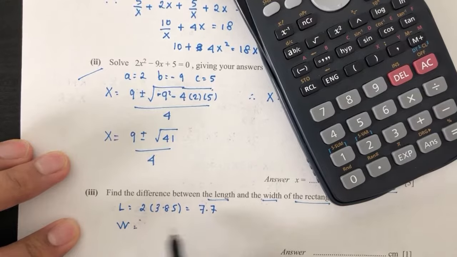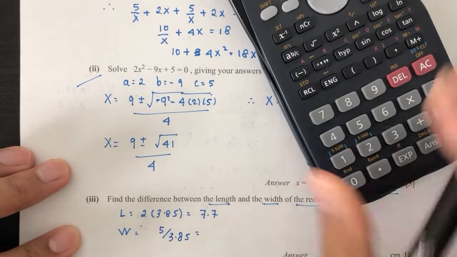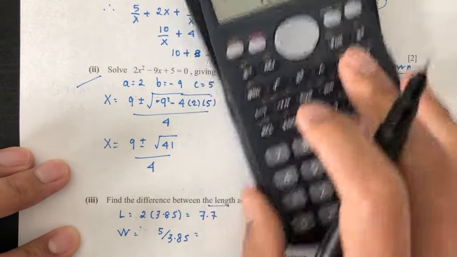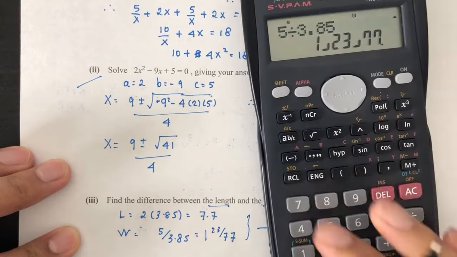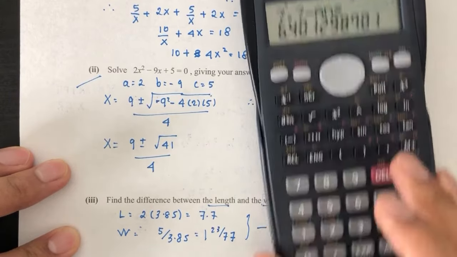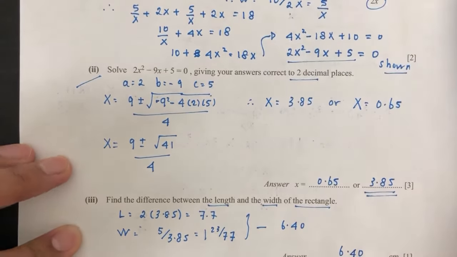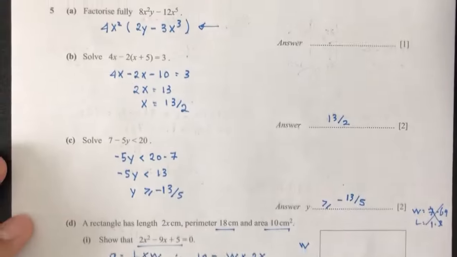The width is 5 divided by 3.85, that should be about 1.30. So now the difference, 7.7 minus that answer, should be 6.40. That is the difference between the width and the length of the rectangle. That is question number 5.